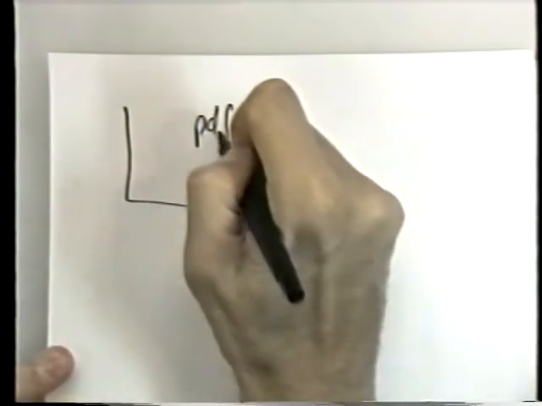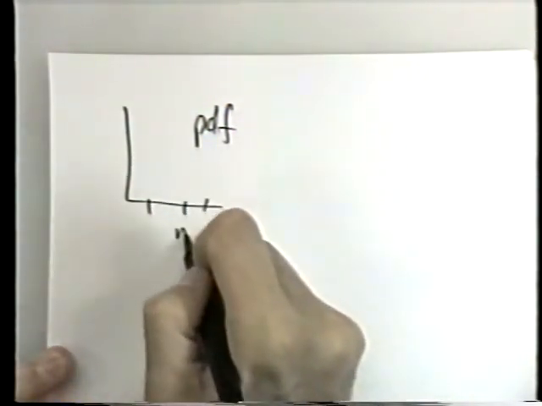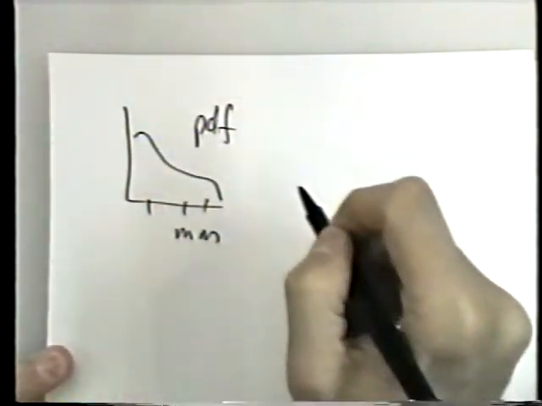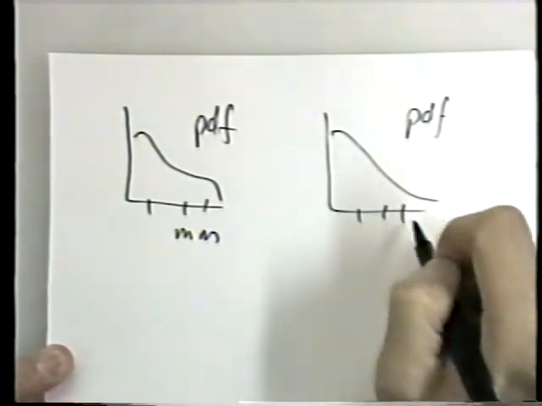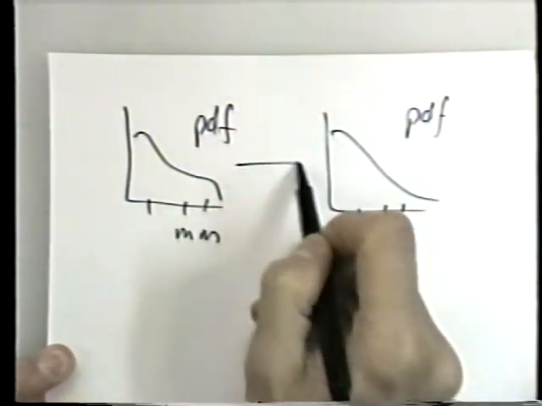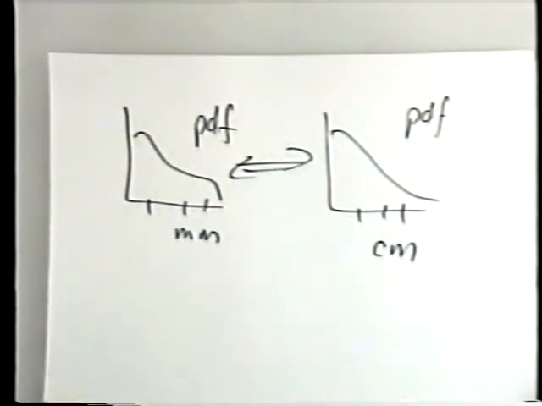So again, we have this concept. Let me draw a picture of this while that's booting up anyhow. What we're saying is that the probability density function measured at one scale, for example, millimeters, will have a certain shape. And the probability density function measured at centimeters will have some shape. And these 2 will have a similar shape.